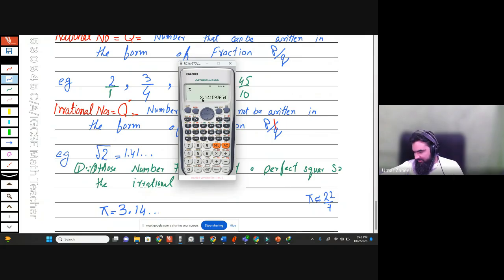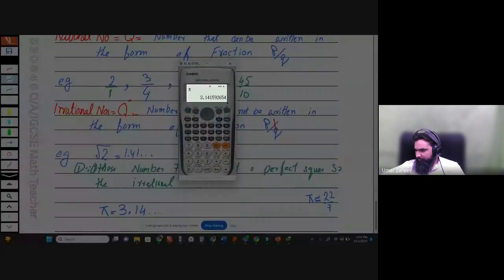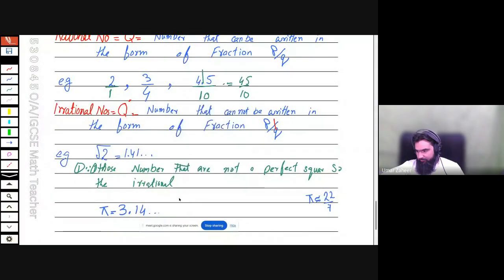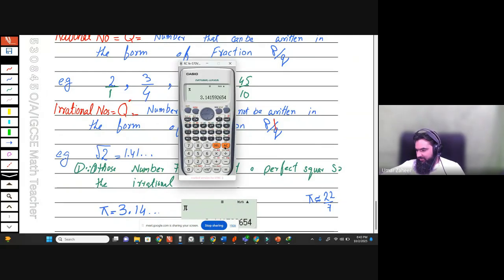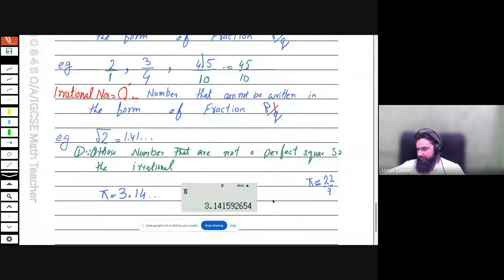If I press pi, in decimal it is 3.14. Let's take it down. And the value of 22 by 7 in decimal is something else.